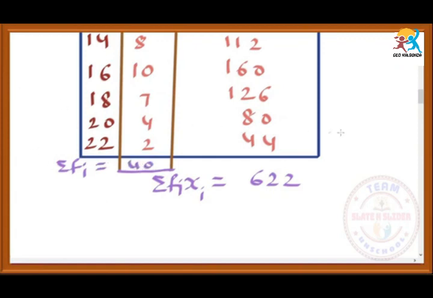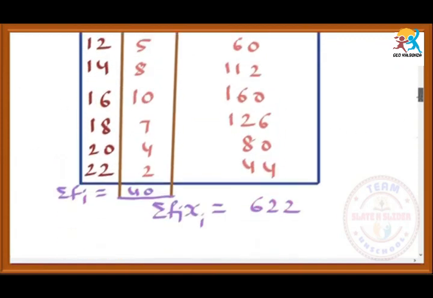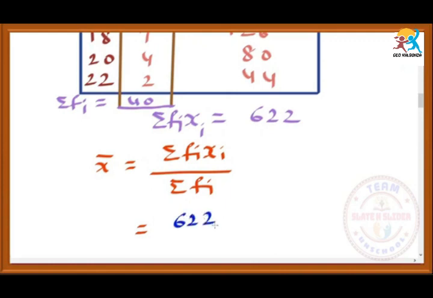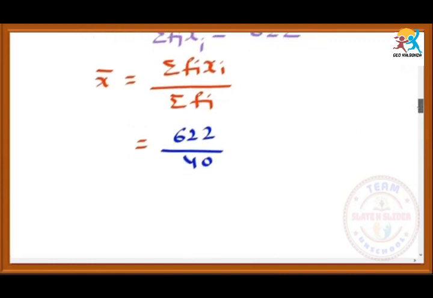We are using the simple method. So x bar is equal to sigma fi xi by sigma fi. So sigma fi xi is 622, by sigma fi, this is 40. Simplify.